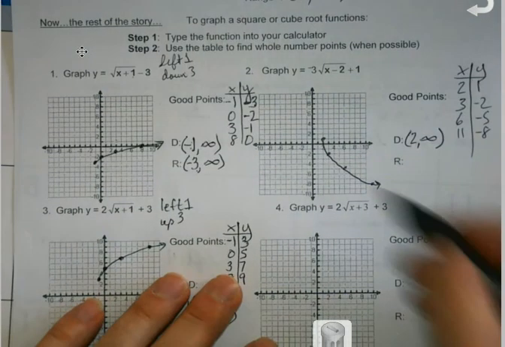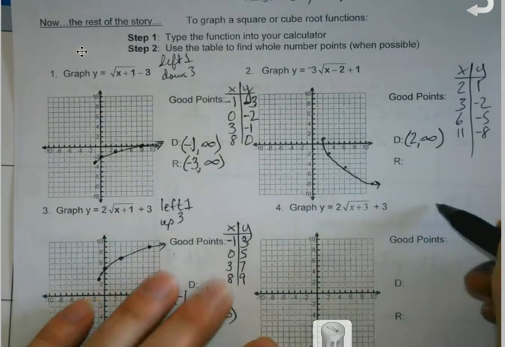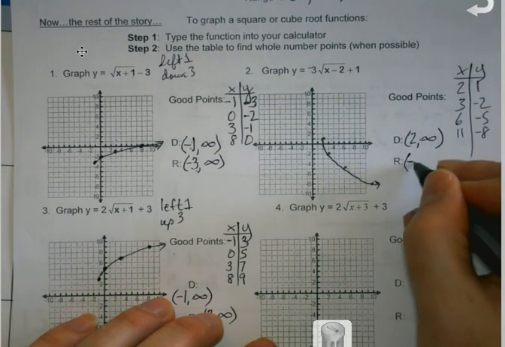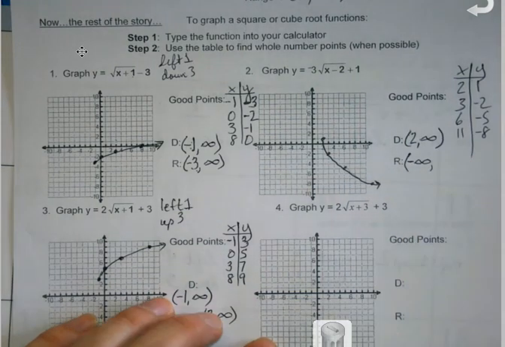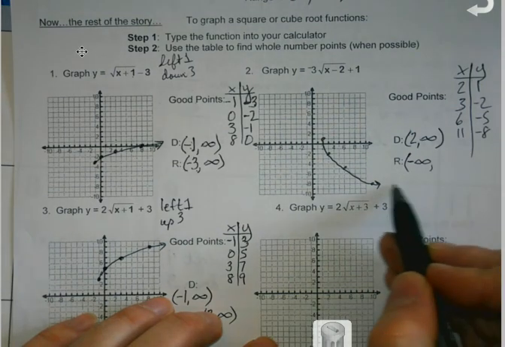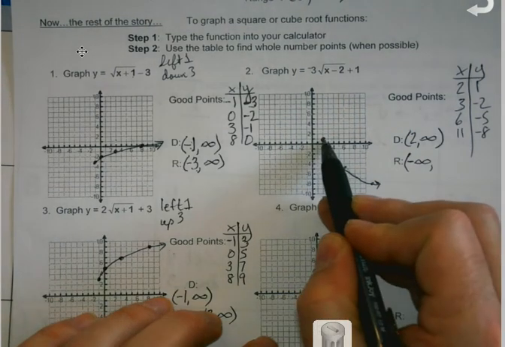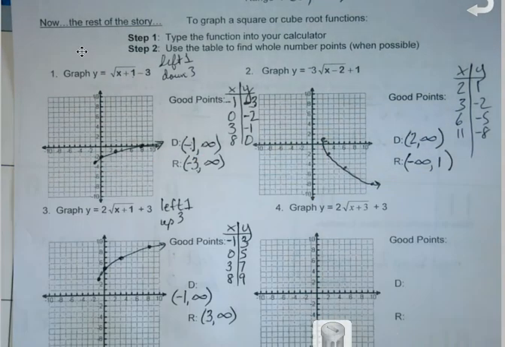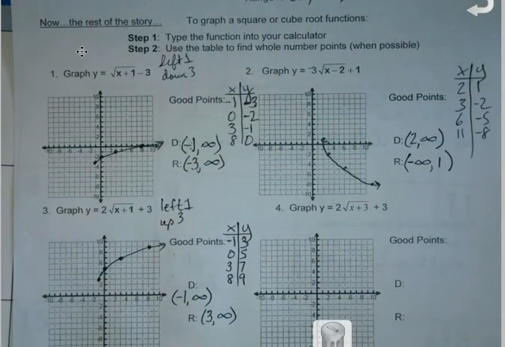Well, here my bottom's never going to end. It's going to go down forever. So my range is going to start at -infinity when it opens down, and it's going to come up to its highest y value at that starting point. That's the only thing that can get tricky or change with domain and range.